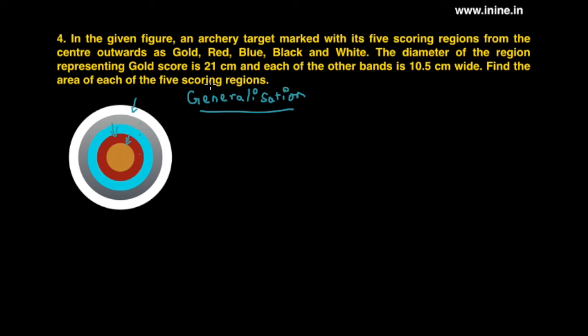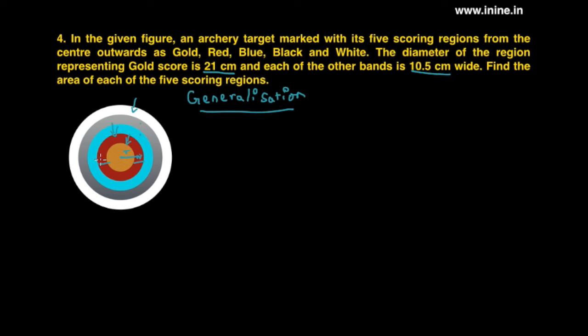So it is already given that the diameter of the region representing gold is 21 centimeter and other band is 10.5 centimeter wide. So let me call this as radius of gold, R, and let this be W, width of red region.